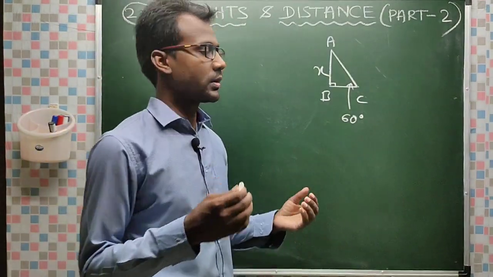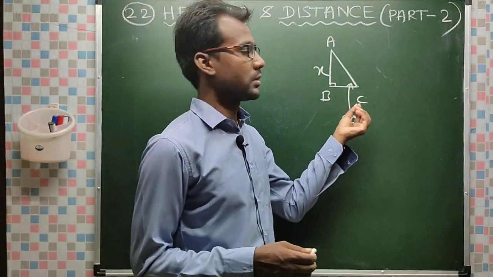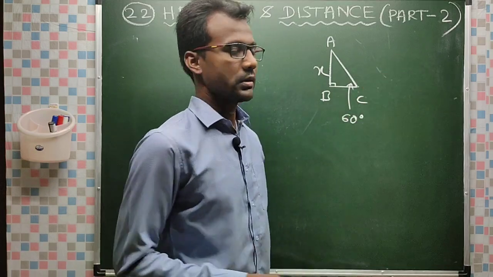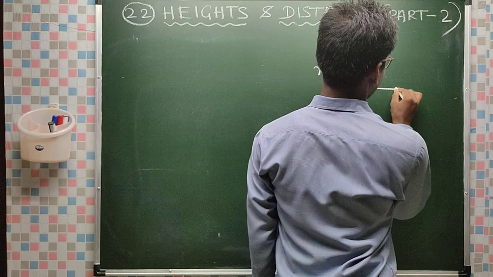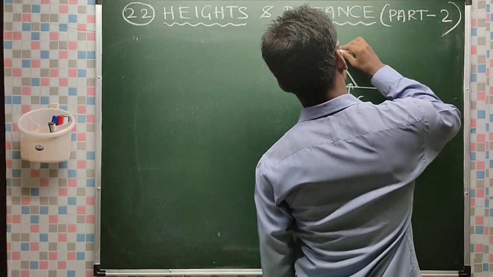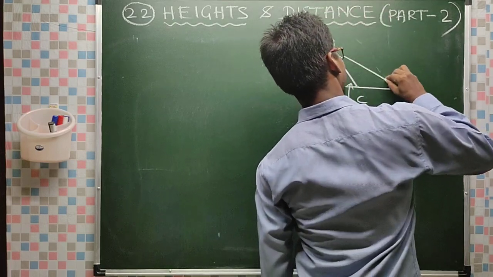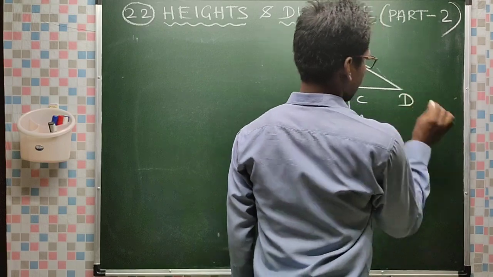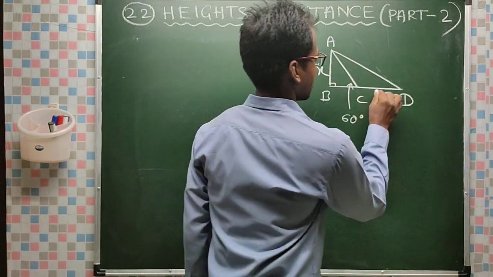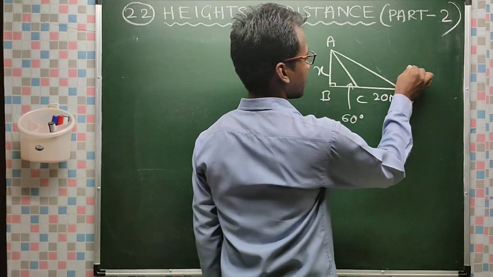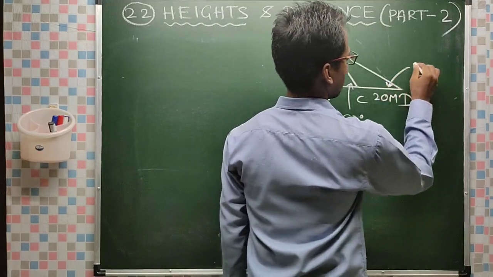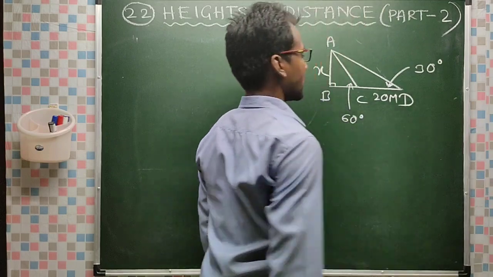Now if you move 20 meters away from the tree, starting from point C, this is 20 meters and the new angle of elevation is 30 degree.